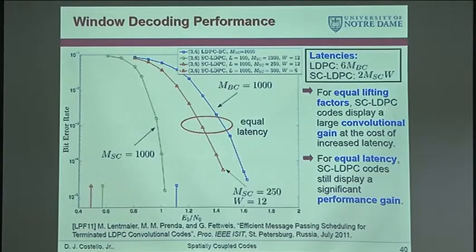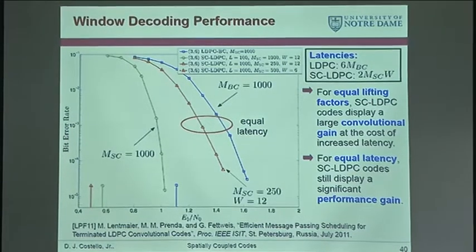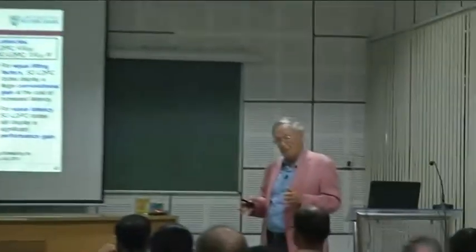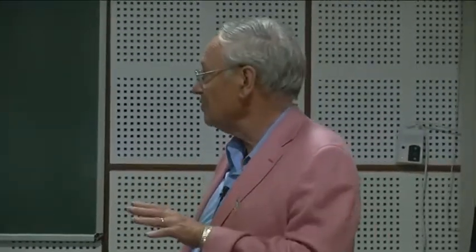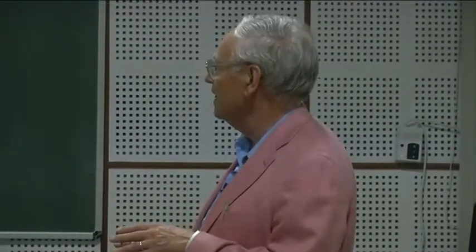Now, again, we'll get to this shortly, the window size just has to be big enough that you're not going to hurt your performance. You could say, well, we could reduce the latency just by reducing the window size. Yeah, but your performance will fall apart. We'll see that in the next slide, actually.